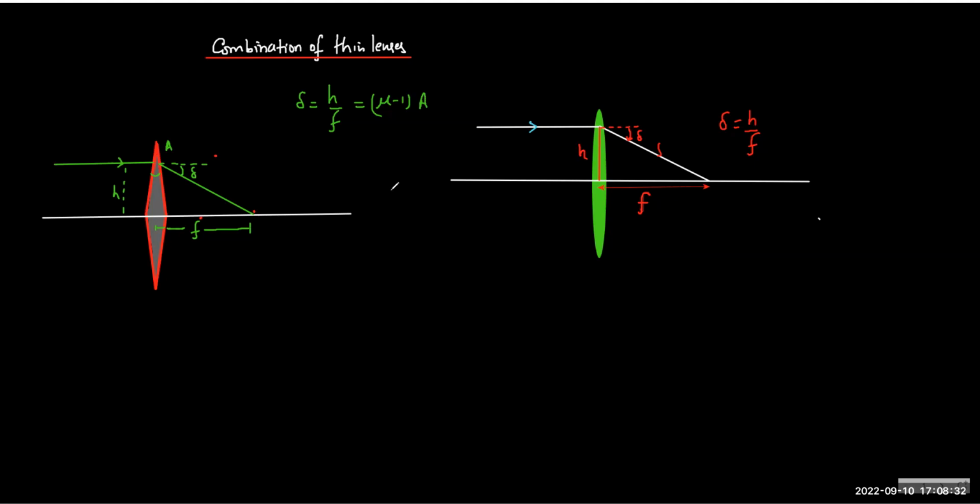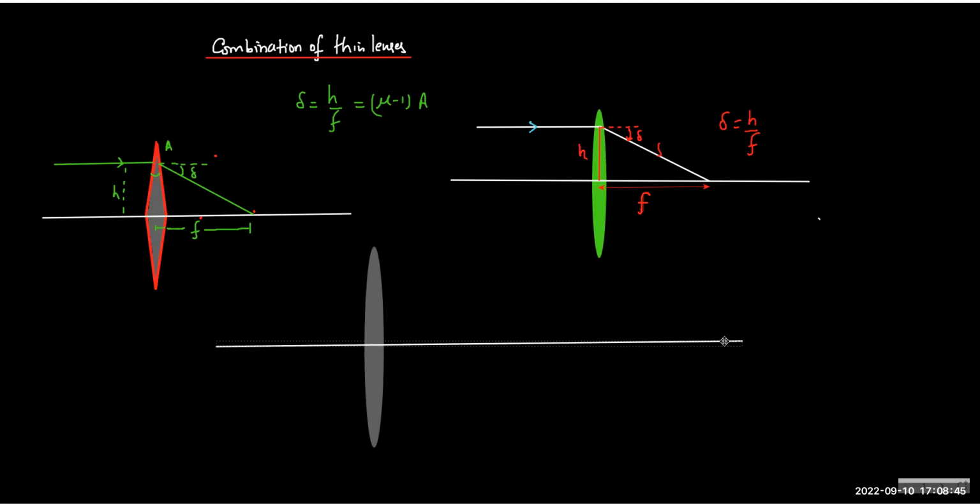Yes. Now, what happens if you bring more than one lens into the path of a light? So let's say this is the first lens of focal length f1. So if a parallel beam of light is coming, what will happen to this light?